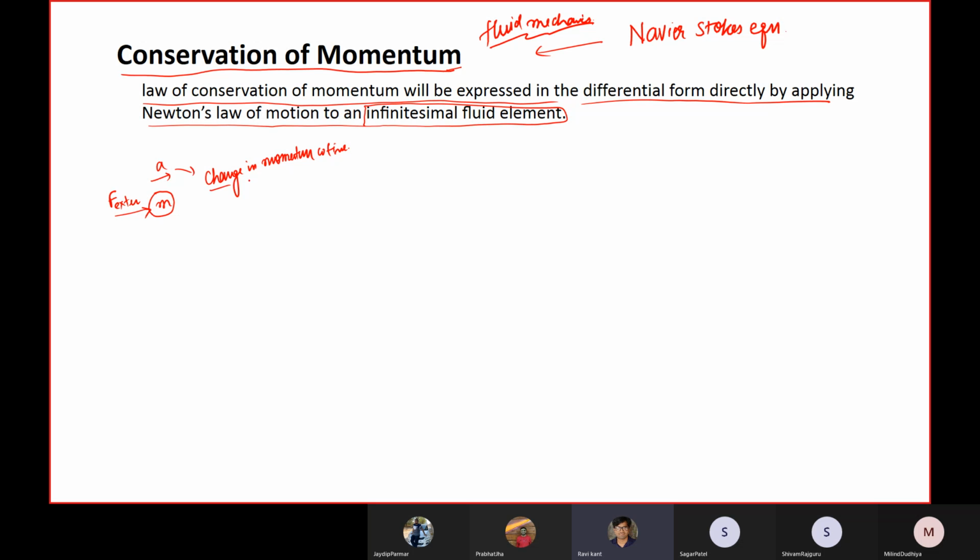Okay, so the rate of change of momentum is nothing but the external force that was applied to that body. So this is what our usual rigid body dynamics, or Newton's law, tells.